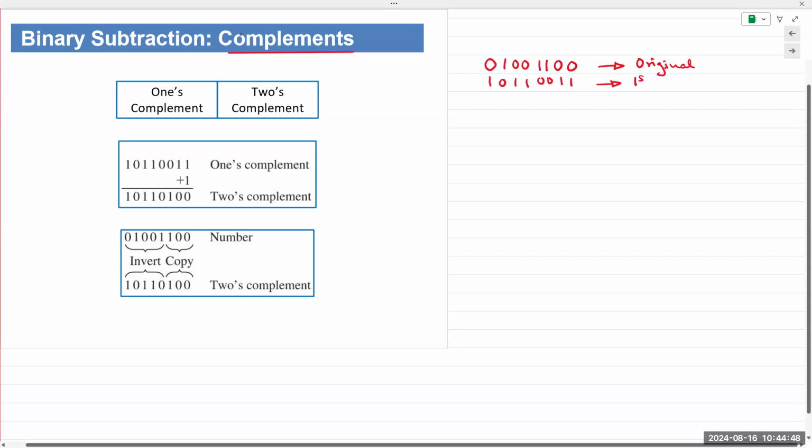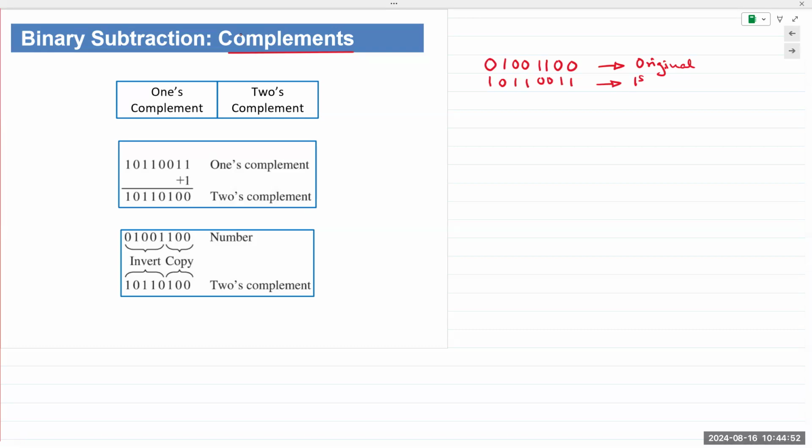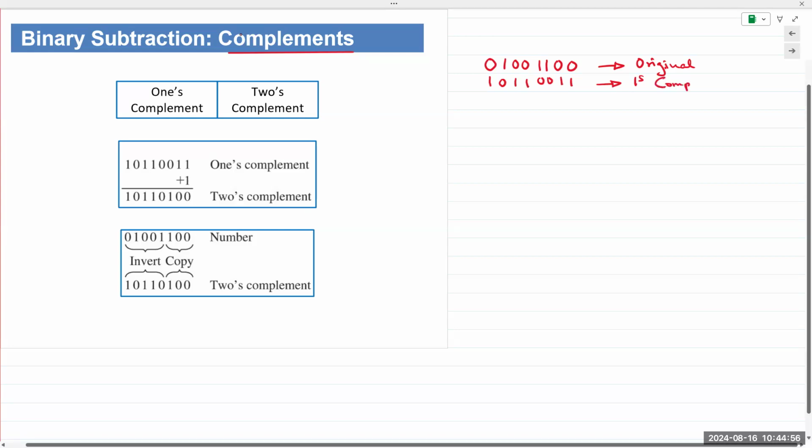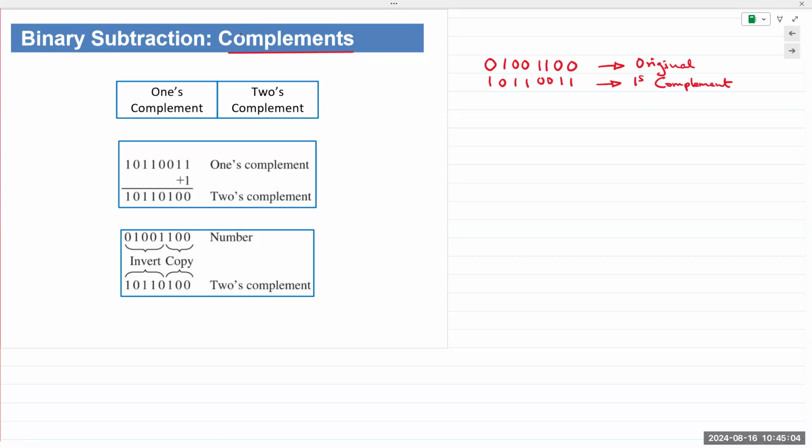I always like to state it as the first complement. So one's complement, that is the technical name for it, is simply taking the original number and inverting it.